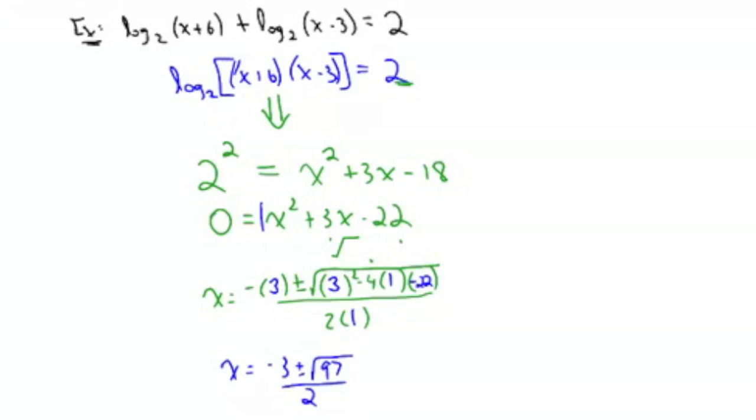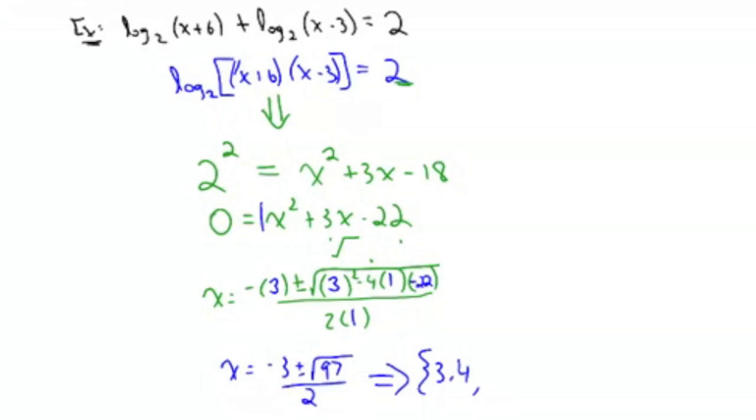I can find out though, but it's the old-fashioned way. Shirley forgot her calculator. Negative 3 plus the square root of 97 all divided by 2. So one of the answers is what, 3.4-ish.